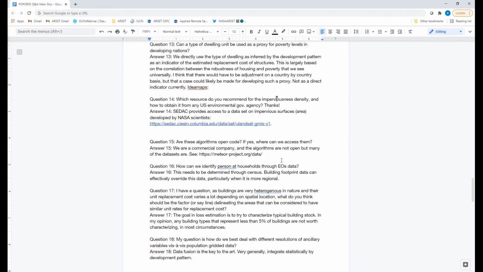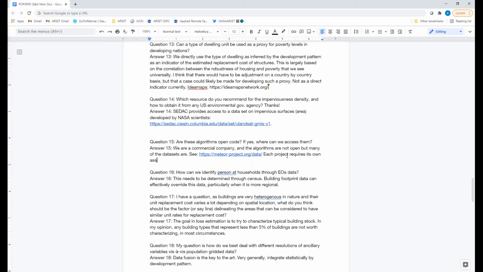Question 15, are these algorithms open code? If yes, where can we access them? I'll post this URL in the chat. We are a commercial company, so we don't publish our algorithms. That said, it's really more of an art than a science. Each project requires its own assessment of the area you're developing, the scale, and what's changed.